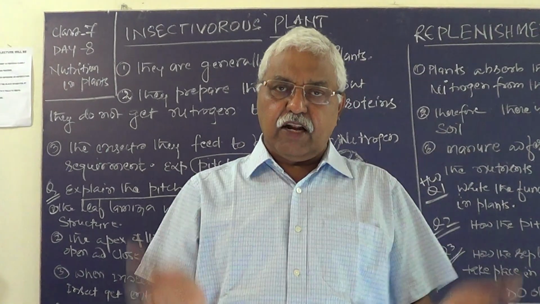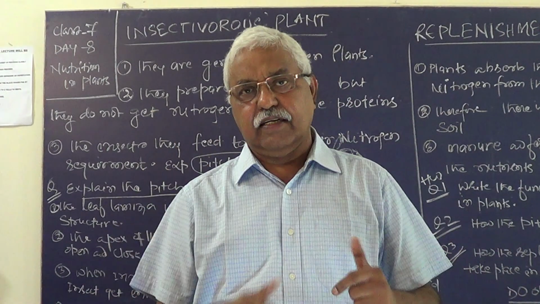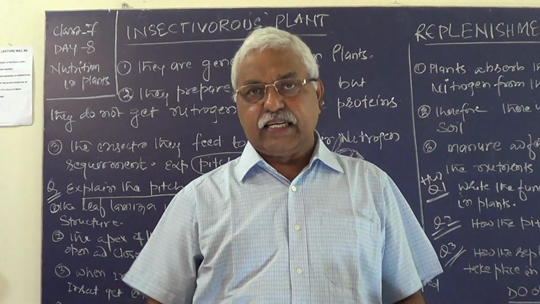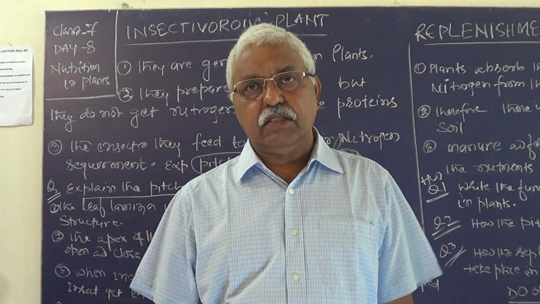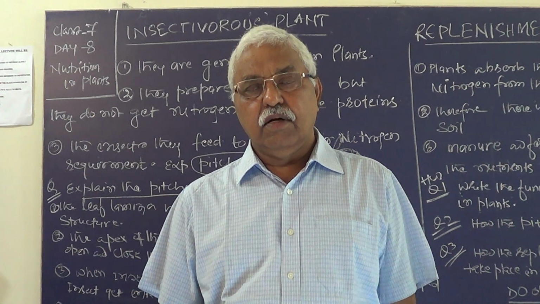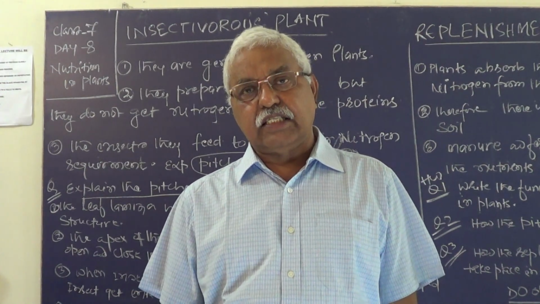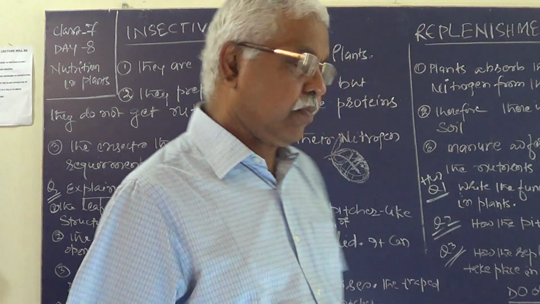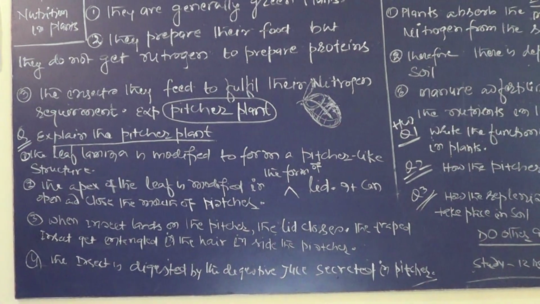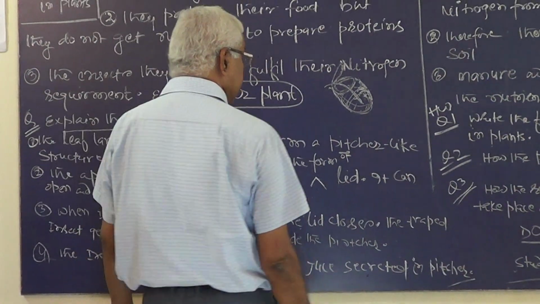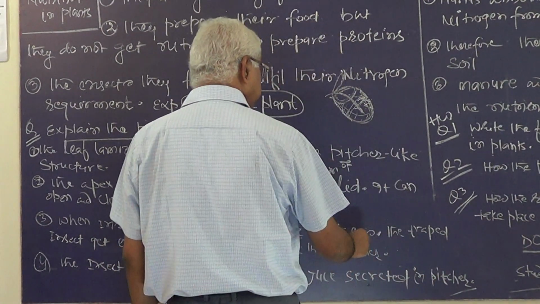Okay, the inner wall of the pitcher has fine hair. When the insect enters, it gets trapped, and the wall of the pitcher secretes the liquid, and in that the insect is digested. Now, when the insect lands onto the pitcher, the lid closes and traps the insect.